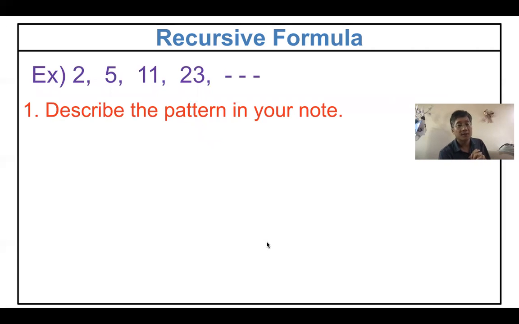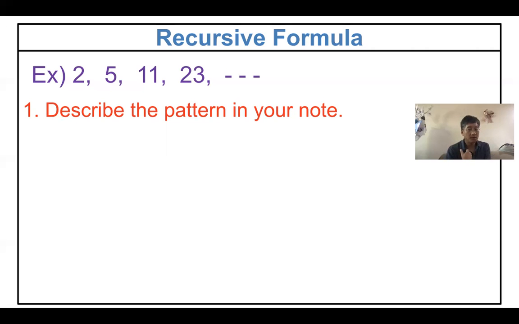look at this example, 2, 5, 11, 23. What do you notice? Can you describe the pattern? This is not a geometric sequence, and this is not an arithmetic sequence. Then what's the pattern?